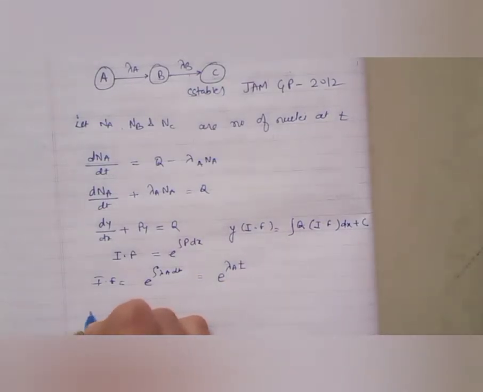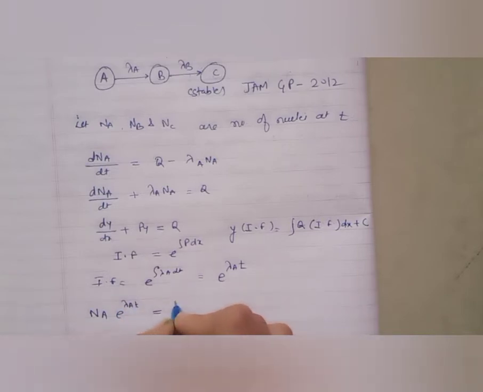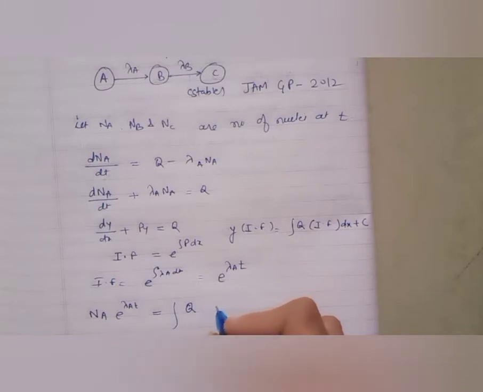So y into integrating factor: instead of y we have Na into integrating factor, equals integration of Q into integrating factor, e raised to lambda A t, dt plus c. Here Q is constant, and the integration of e raised to lambda A t is e raised to lambda A t upon lambda A, plus c.